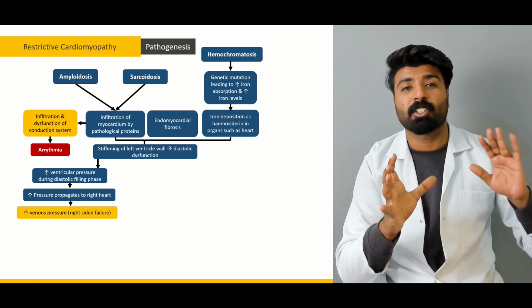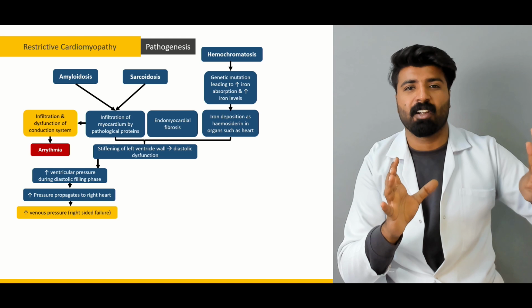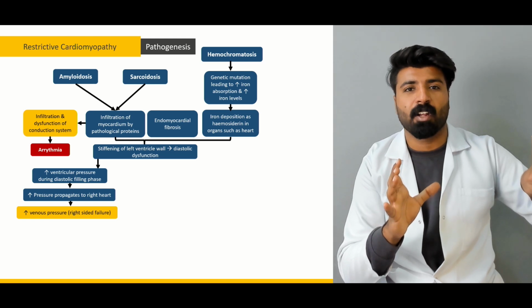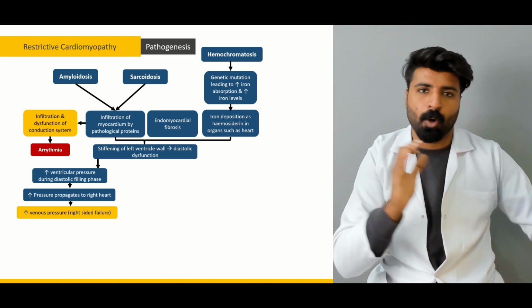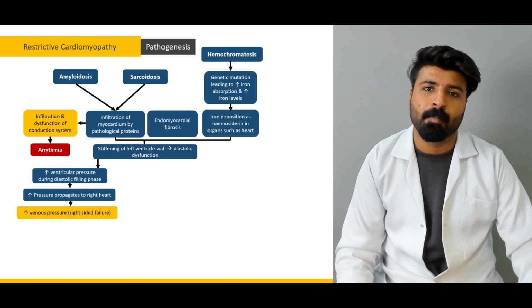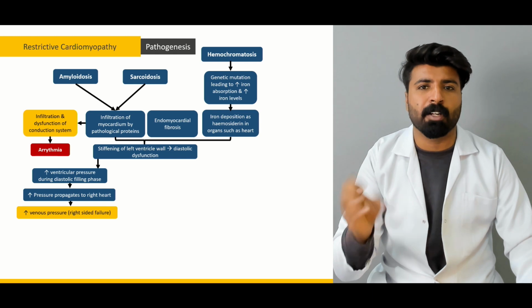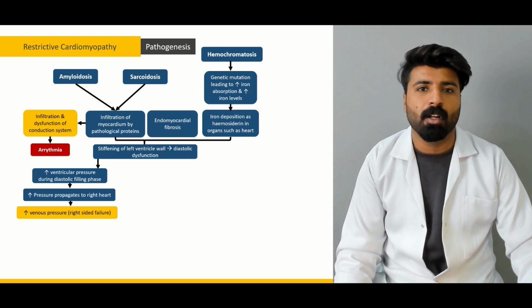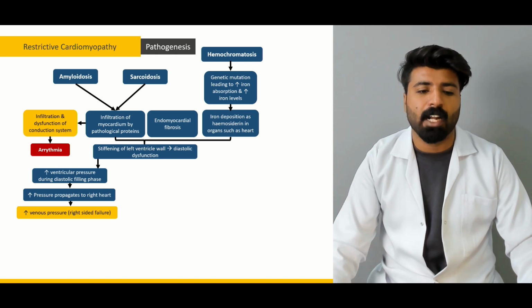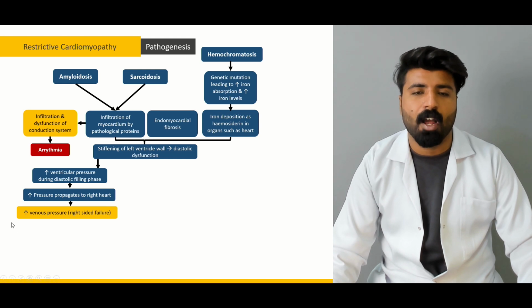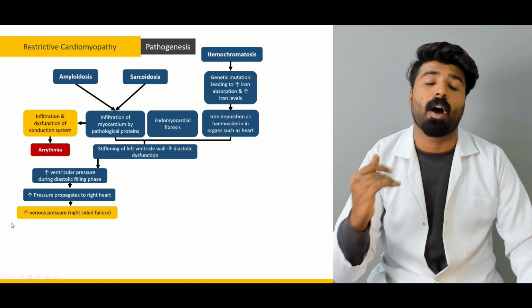When the pulmonary vasculature blood is denied entry into the left side of the heart, what will happen? It will put more and more pressure on the right side of the heart. So the right ventricle, which is pushing the blood into the pulmonary vasculature, will go under pathological consequences, and that will lead to right-sided heart failure, because venous pressure will go up and up.